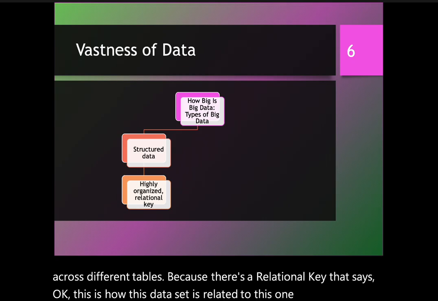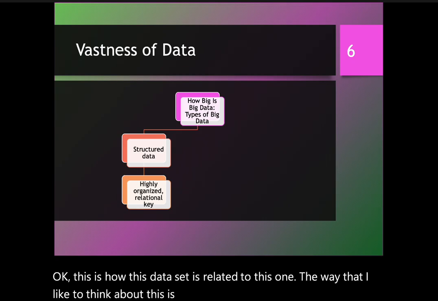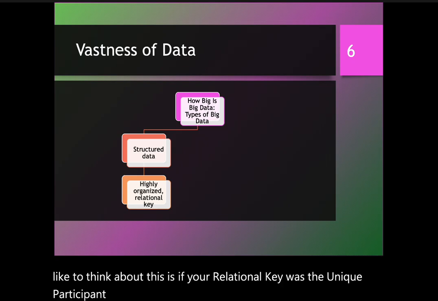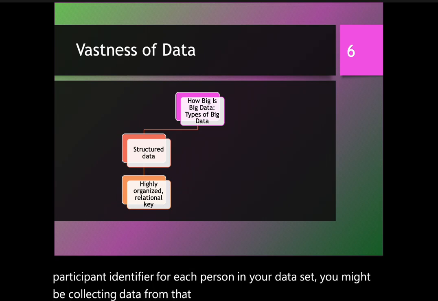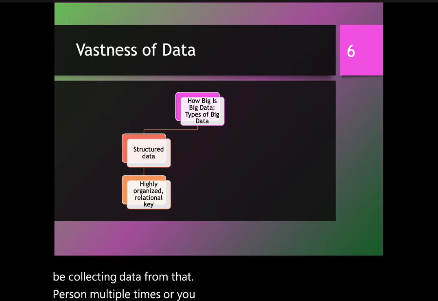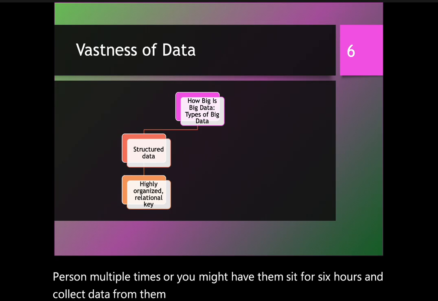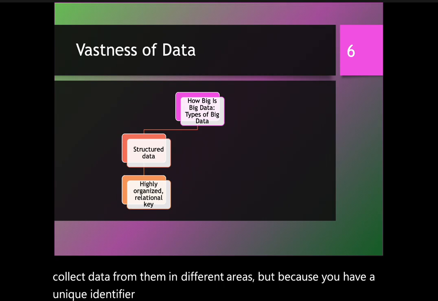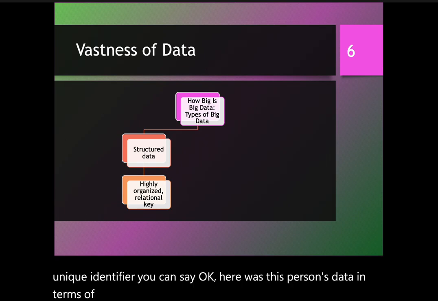The way that I like to think about this is if your relational key was the unique participant identifier for each person in your data set. You might be collecting data from that person multiple times, or you might have them sit for 6 hours and collect data from them in different areas. But because you have a unique identifier, you can say, okay, here was this person's data in terms of their substance use.